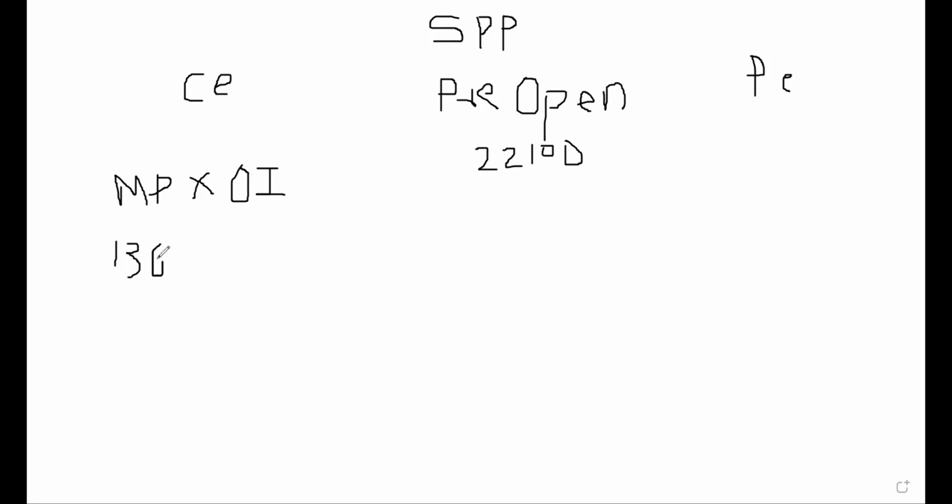Now you will multiply it by open interest. Where to see? In the post which I have just now made. See 22,100 open interest is 50.11. So multiply by 50.11. Whatever is the answer, you write it over here. So that will be 6819.97.